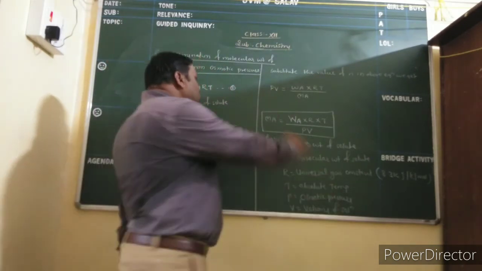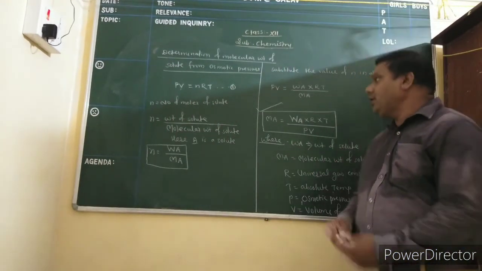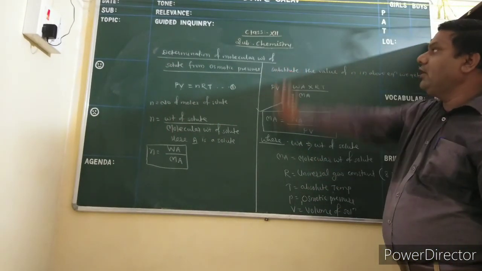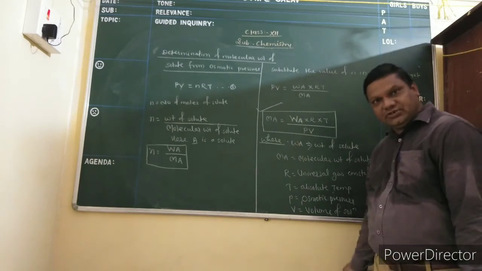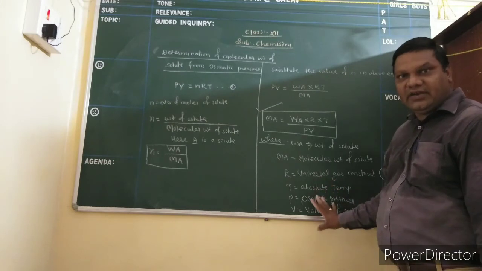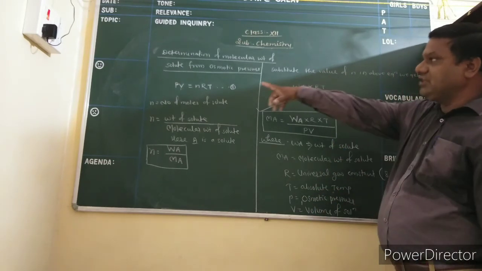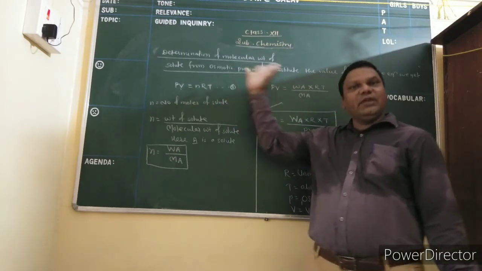So you have to use this formula to determine the molecular weight of solute from the osmotic pressure. Understood? This is very simple. Any difficulty? So you know this equation already. PV is equal to nRT is very famous.